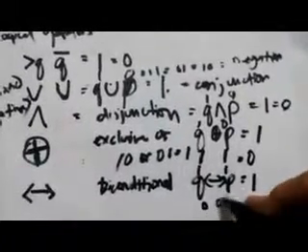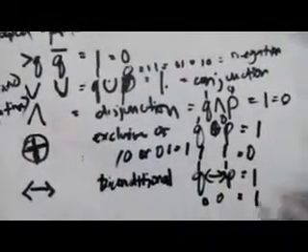True and true, then it will be 1. How about false false? It will also be 1. Okay? But if it's 1 0 or 0 1, this is the time when it will be 0 or false. Okay? So let's try this out.